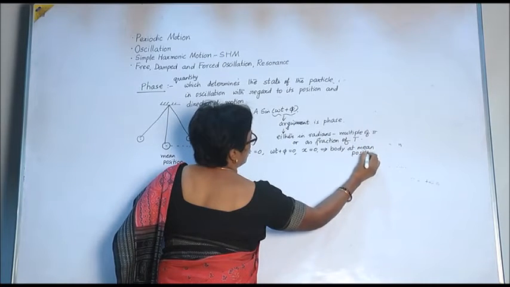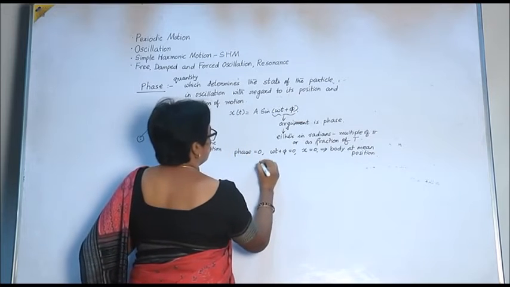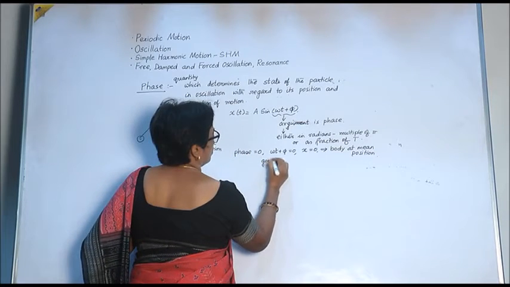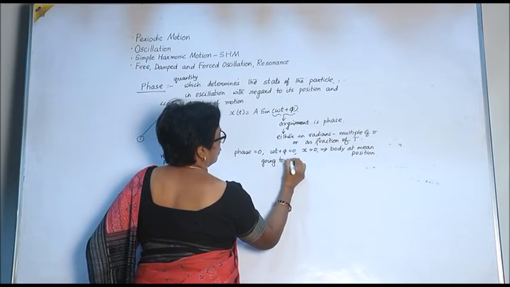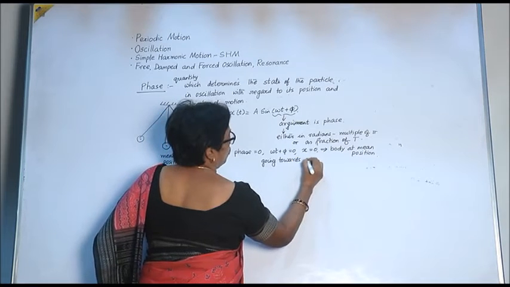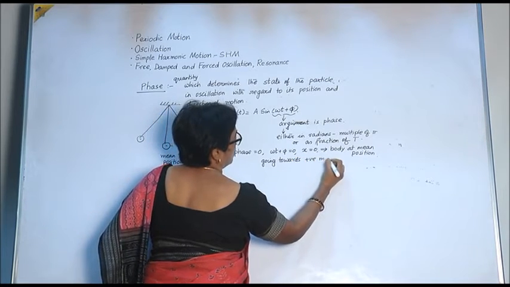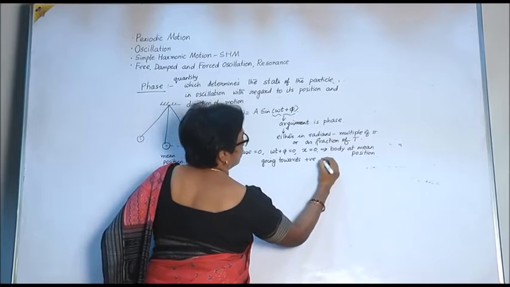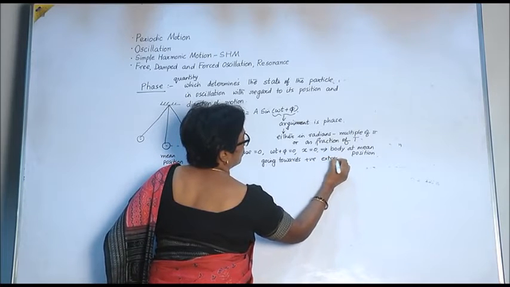And because it is 0, I say that it is going towards the positive maximum, the positive extreme position.